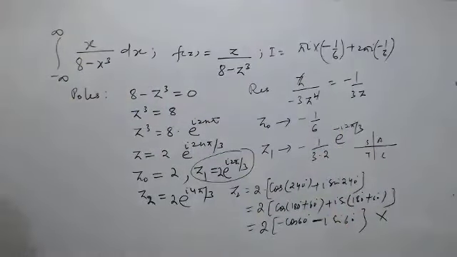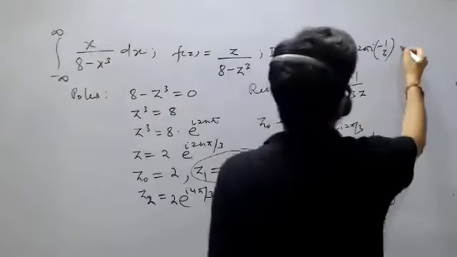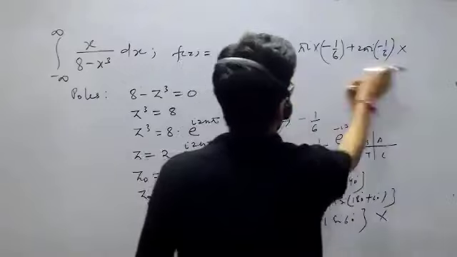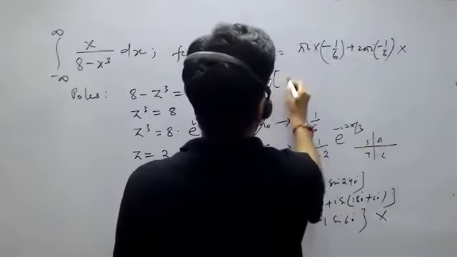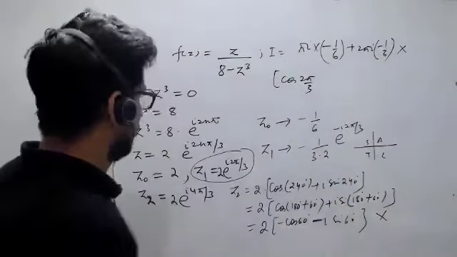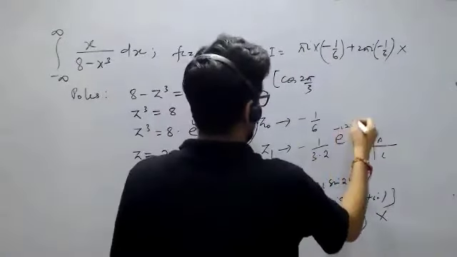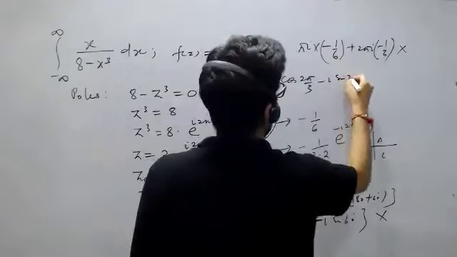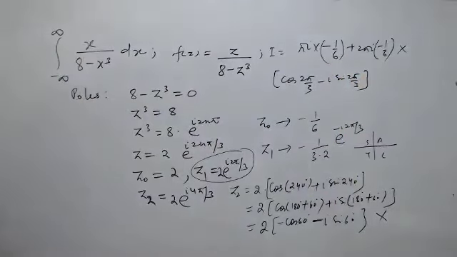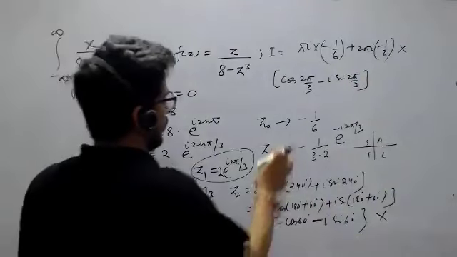Cos of 2 pi by 3 into cos of 2 pi by 3 and minus i sin 2 pi by 3. Okay. So this we have to write.